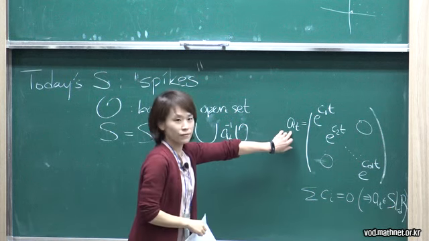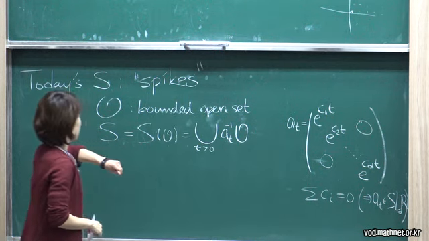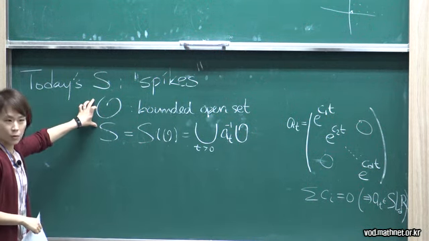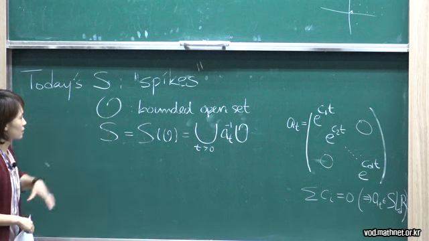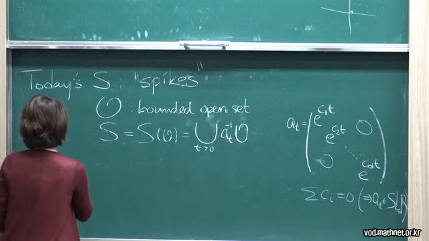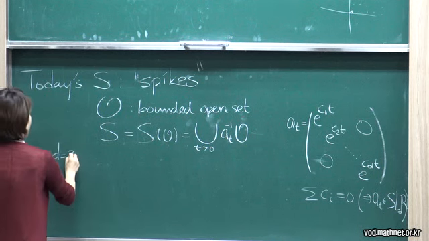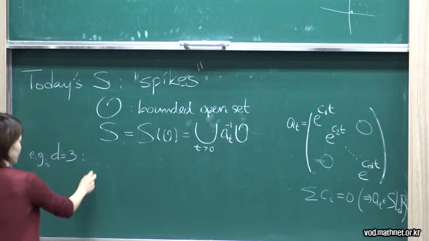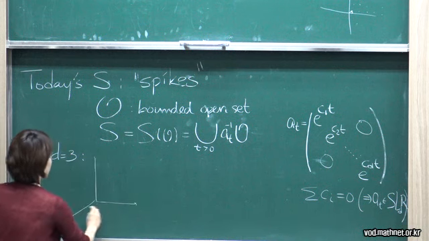So for one fixed a_t, and various kinds of O, we're looking at this S, which looks like a spike. For example, for D equals 3, we can start with the upper hemisphere.